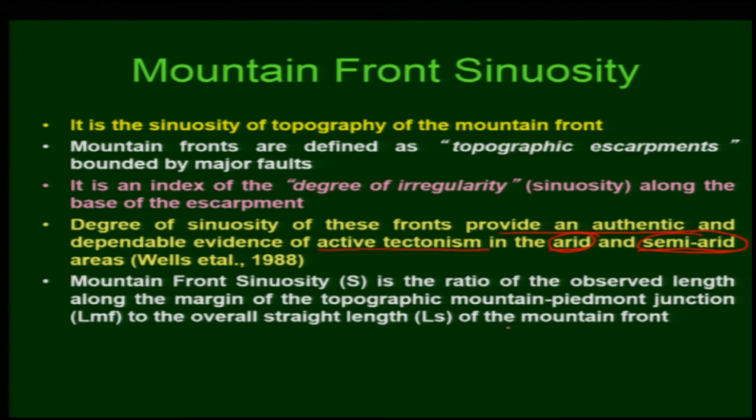So, if we take the mountain front here, S is the mountain front sinuosity, which shows the ratio between LMF, that is the topography of the mountain front, and the overall length.